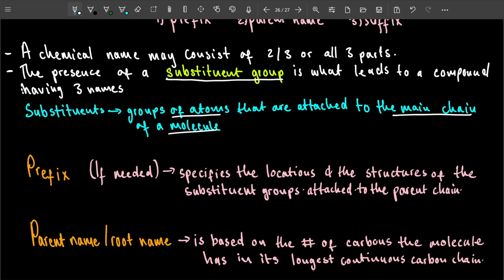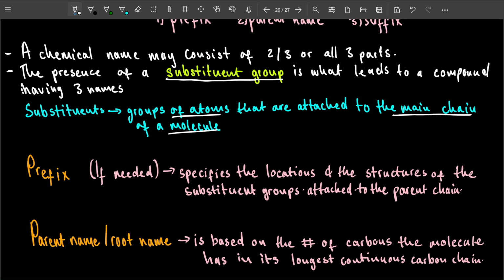Once we identify that longest continuous chain, if we have any other groups of atoms attached that are not hydrogen, we can start to look at these substituents and analyze them. We'll learn about the types of substituents and how to name them. Don't worry about that. But if you have groups of atoms attached to your main chain, we'll call that group substituents.